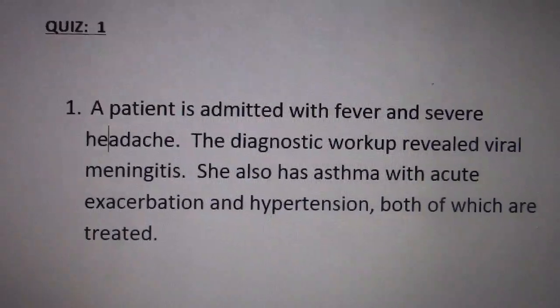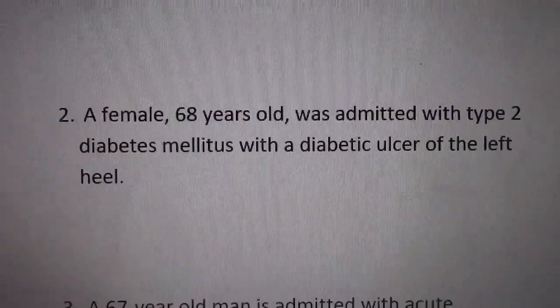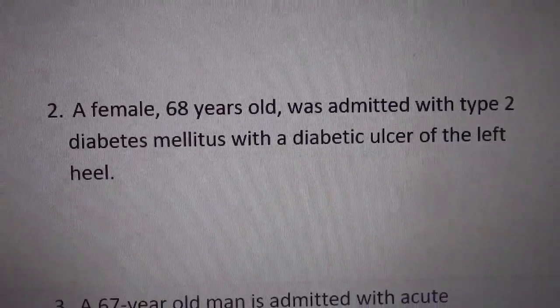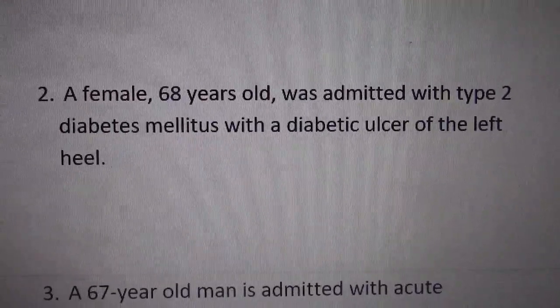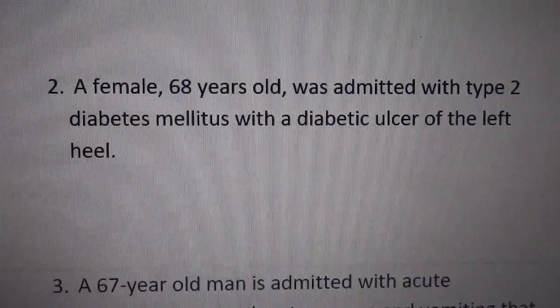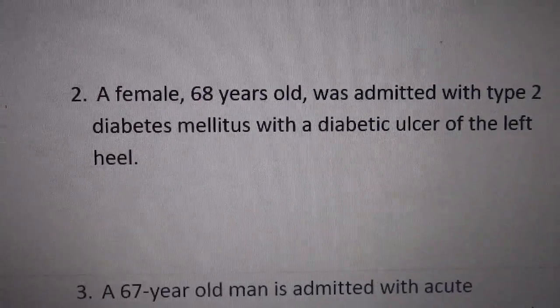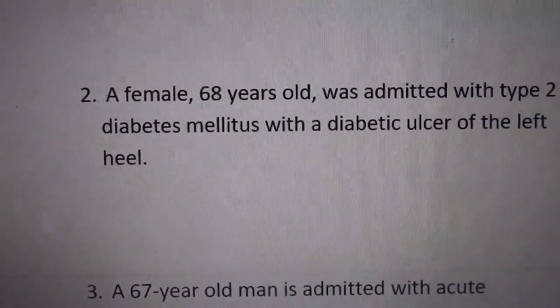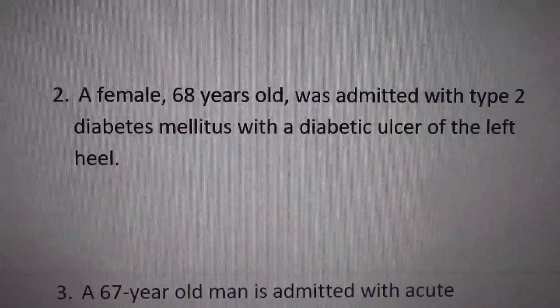Okay, good. Number 2. A female, 68 years old, was admitted with type 2 diabetes mellitus with a diabetic ulcer of the left heel. Okay, so your patient has diabetes, and because of that diabetes, they have an ulcer of their left heel.